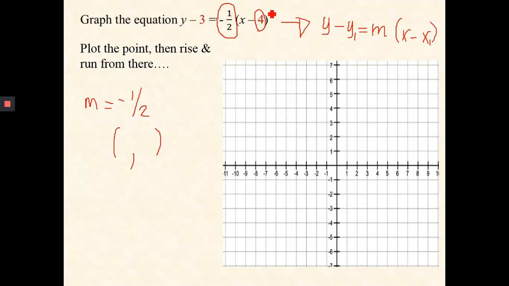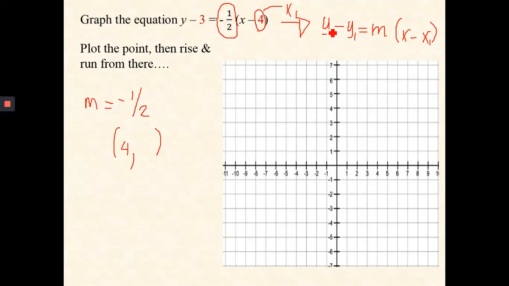Okay? So meaning to say your 4 here is your x sub 1. So the operation between x and x sub 1 is subtraction. So the sign of x is you just have 4. And then we have here y minus y sub 1.